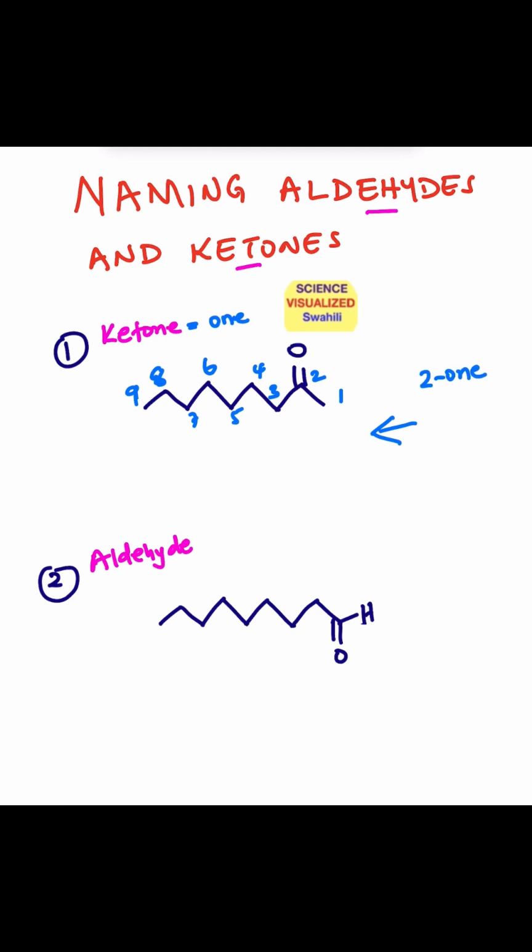Now, because it has 9 carbons, the name of an alkane chain with 9 carbons is nonane, and for ketones, you drop the ane and replace that with one, and therefore it becomes nonanone. But remember, we need to show the position of the carbonyl, which is position number 2, and therefore the name for this compound becomes non-2-one.